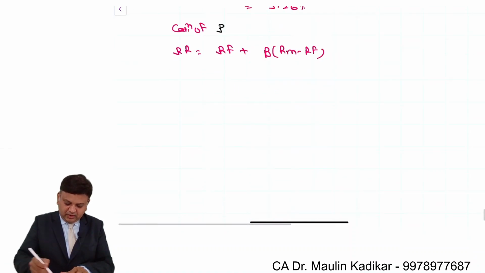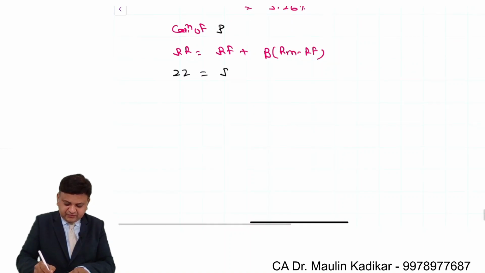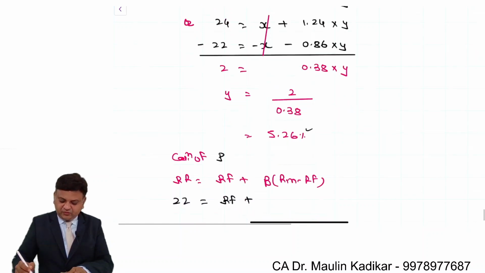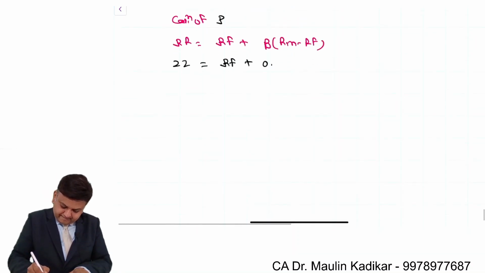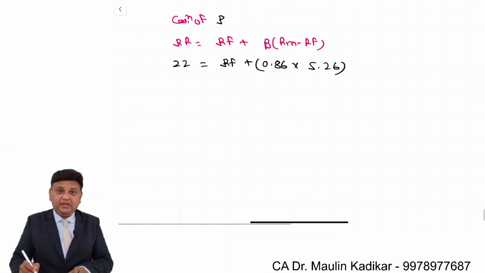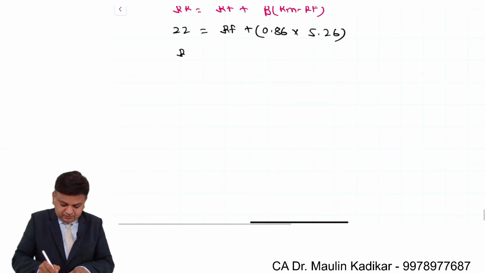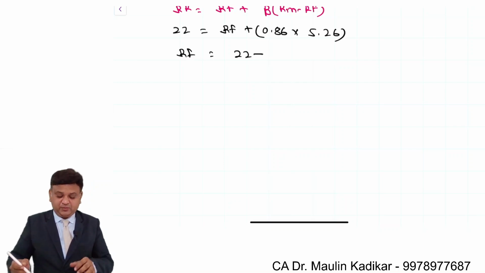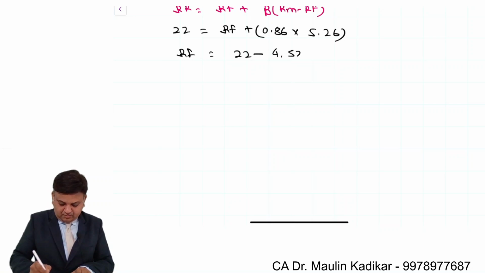So it is 22 is equal to RF plus beta 0.86 into 5.26. Now RF will be found as balancing figure. 22 minus 0.86 into 5.26, that is 4.52. 22 minus 4.52 is 17.48.